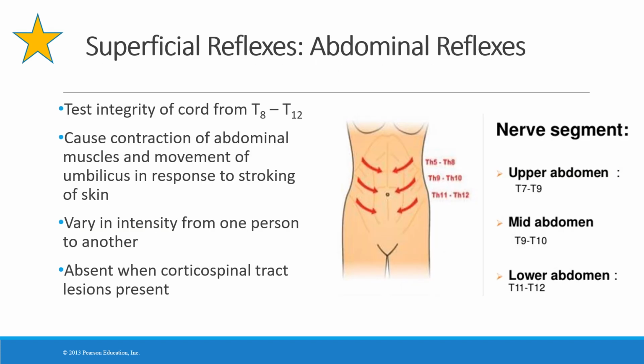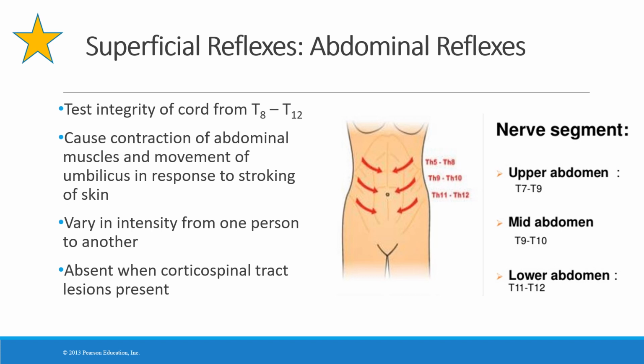These abdominal reflexes, that's what I was talking about with the ones where it's like, maybe. I've never really seen them work all that consistently. They test the integrity of the cord from T8 to T12, causing contraction of the abdominal muscles and movement of the umbilicus in response to stroking the skin.